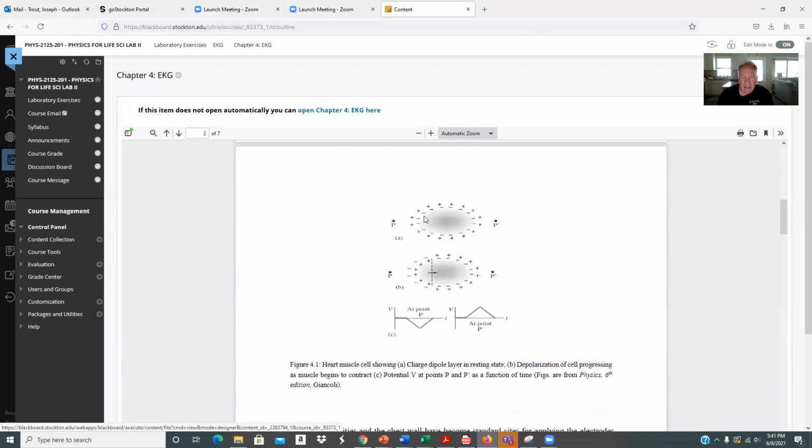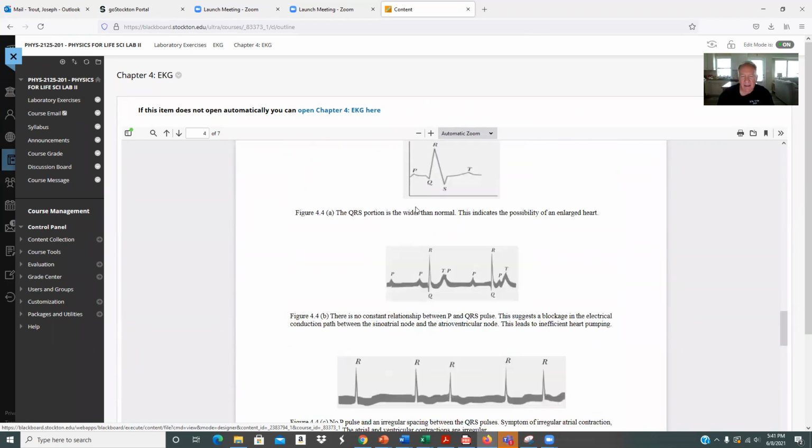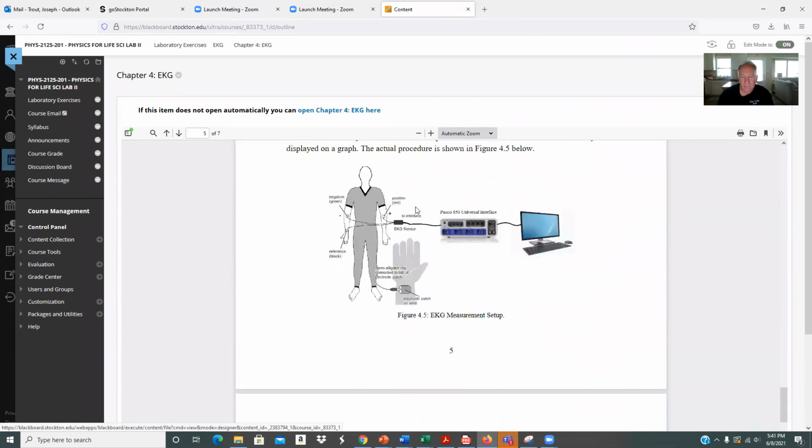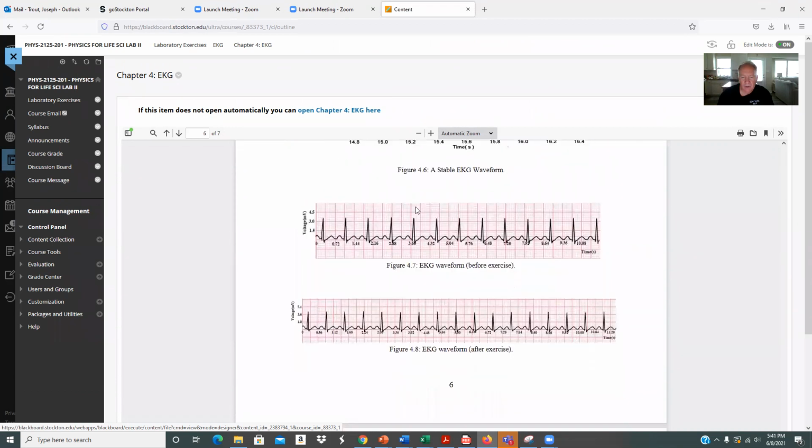So go ahead and read the lab, and then we'll use 4.7 and 4.8 as data for your lab. So there's a couple of questions for you to answer.